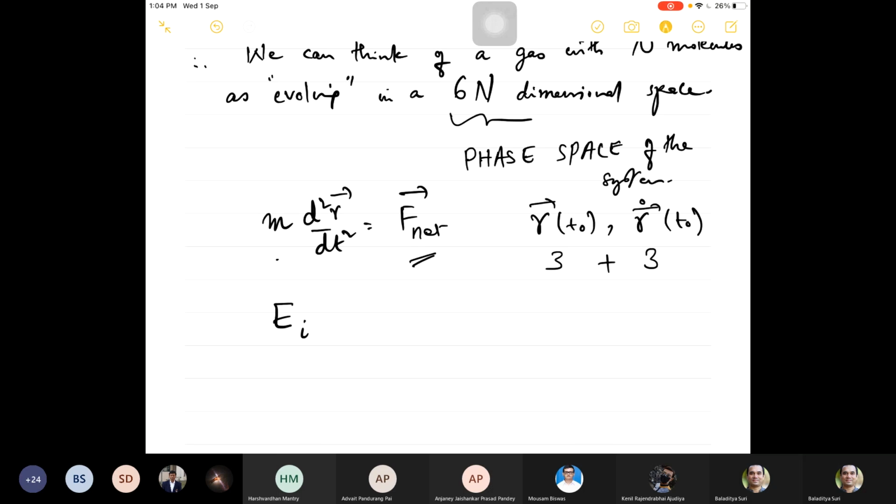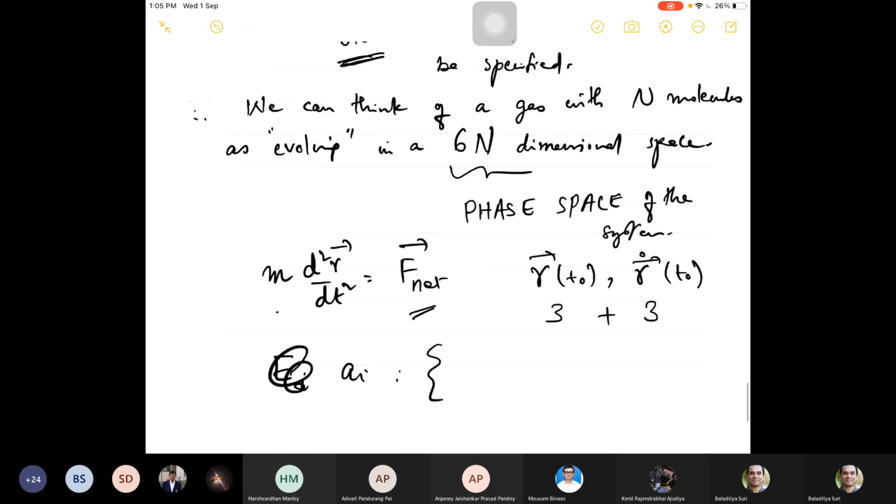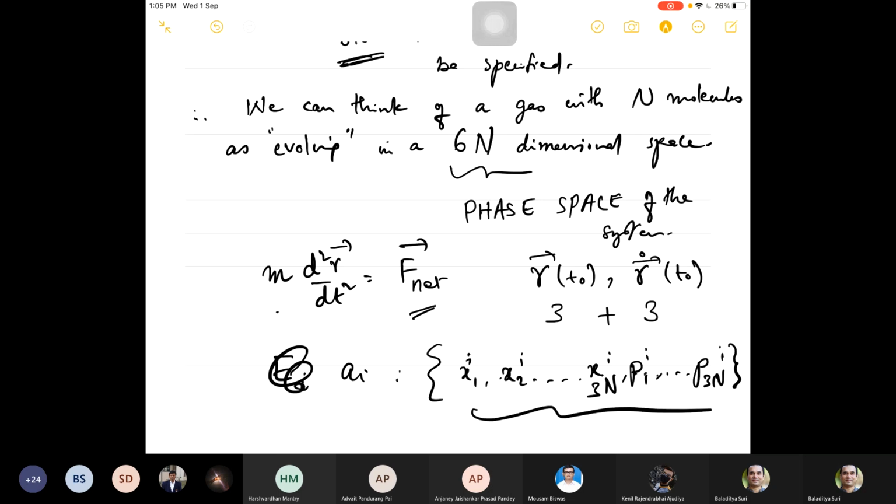Now the state AI that I defined in abstraction earlier is essentially a set of coordinates in the 6n dimensional space: x1, x2, up to x3n, and then p1i, so on up to p3ni. These 6n values define the state AI.